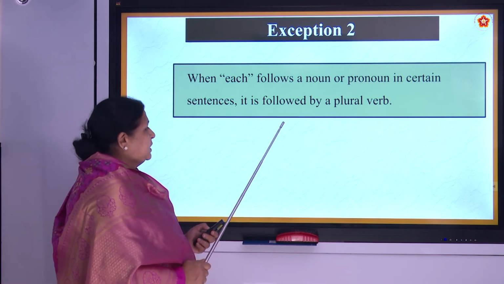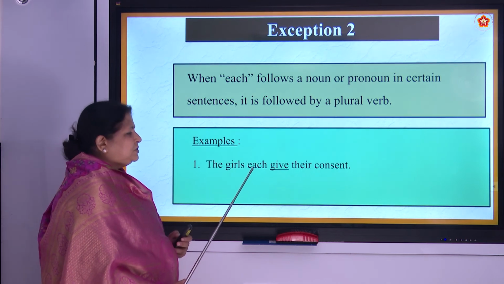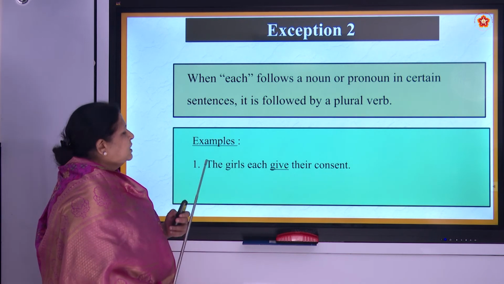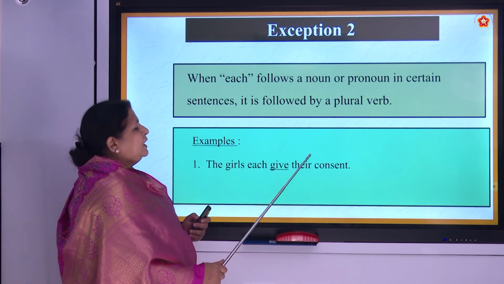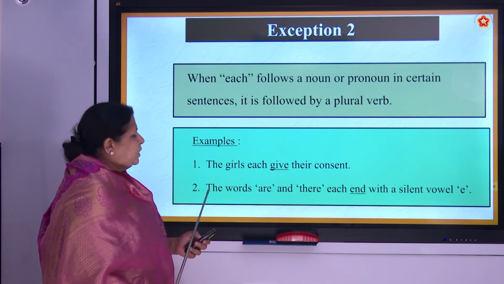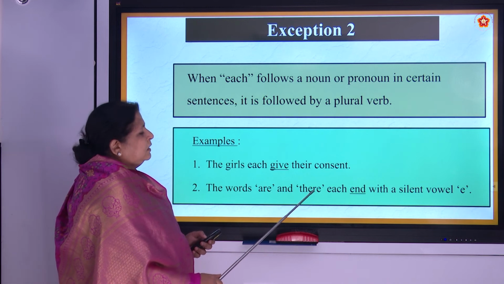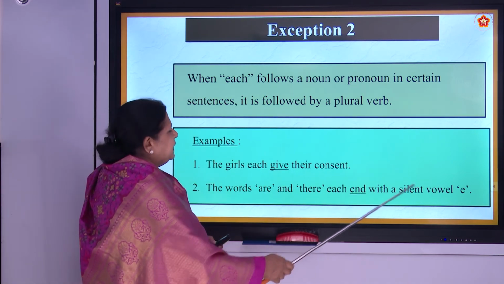Now let us see with examples. The girls each give their consent. The words "are" and "their" each end with a silent vowel E.